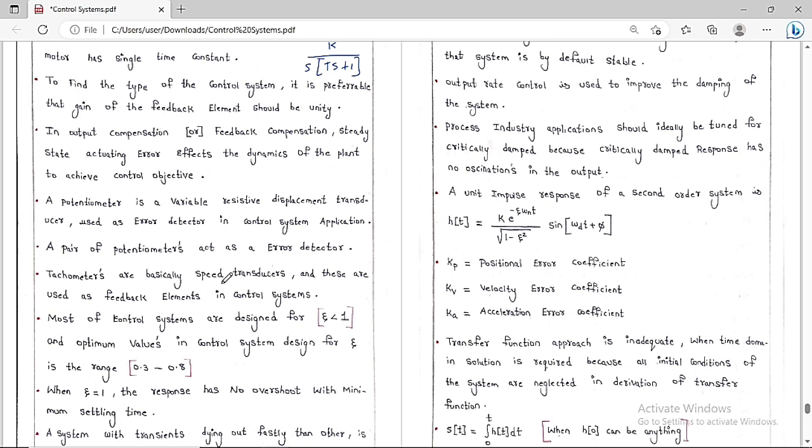The next point is a pair of potentiometers act as the error detector.